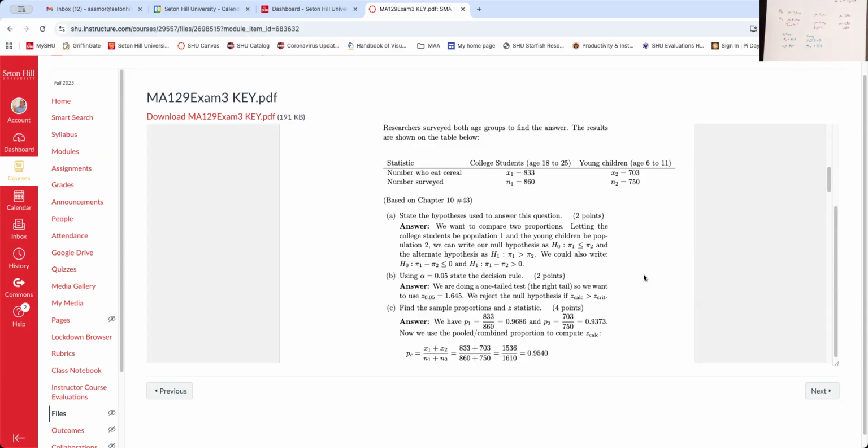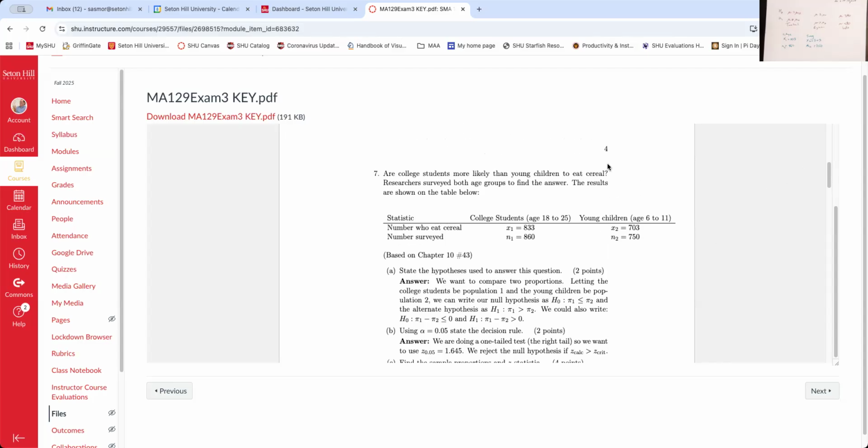I'm going to assume that the variation in each one is the same, so I'm going to pool these. So I do a combined: 833 plus 703 is 1536, and 860 plus 750 is 1610. Divide those to get the pooled proportion. I think in the notes we used P sub C for combined. Okay.